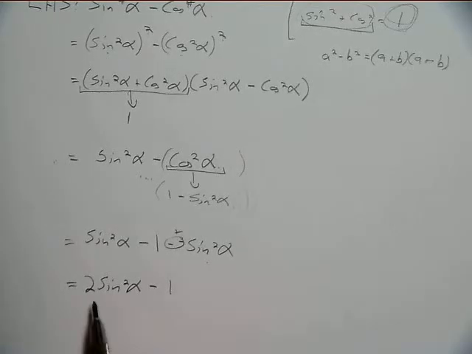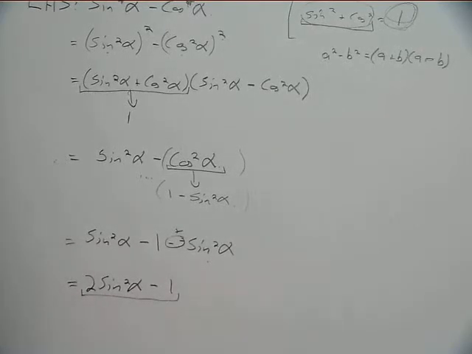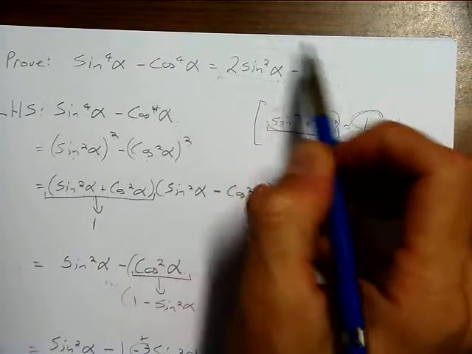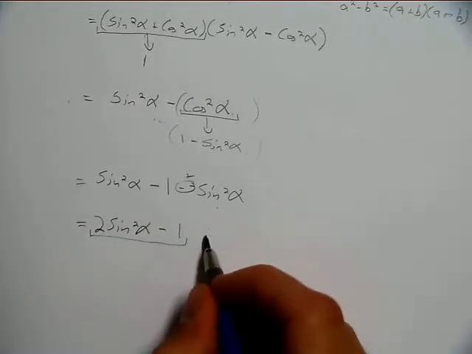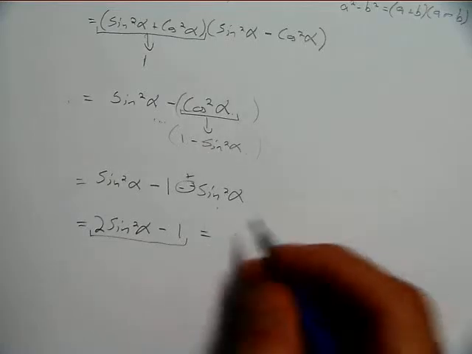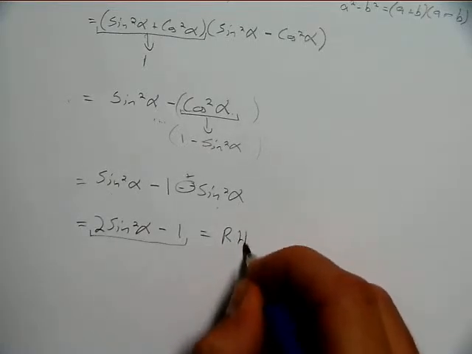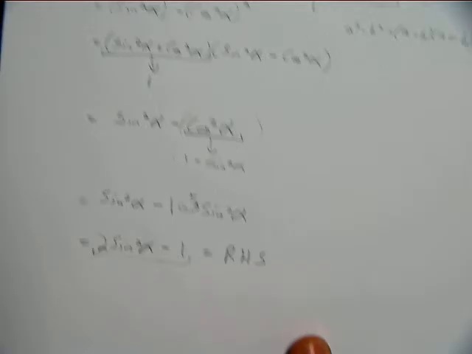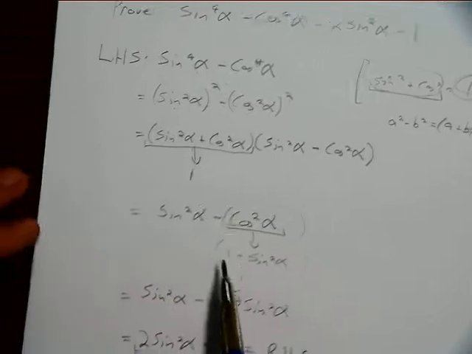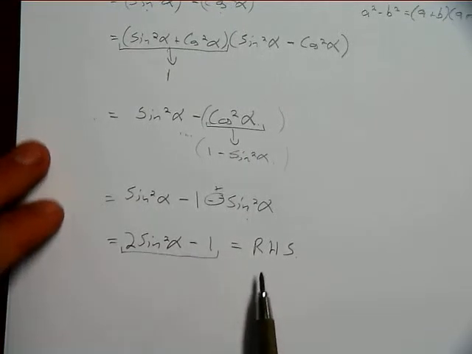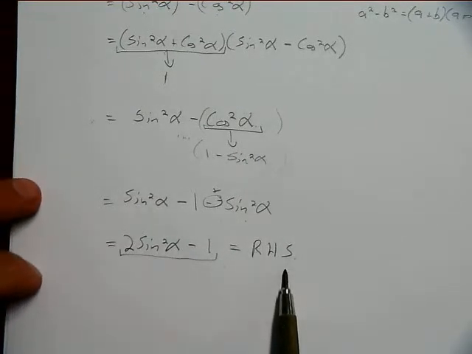Does this look familiar to us at all? You sure? That's our right hand side from the original proof. So once we reach that point, we can say, well, that's equal to the right hand side. So if we look at our nice progression here, we've had left hand side equals this, equals this, equals this, equals this, equals this, equals this, which is equal to the right hand side.